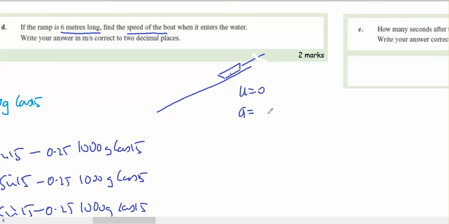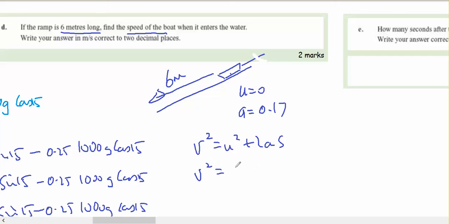I know that A equals 0.17. I know that the distance it's travelling is 6 meters. Therefore, V squared equals U squared plus 2AS. V squared equals 0 plus 2 times 0.17 times 6.